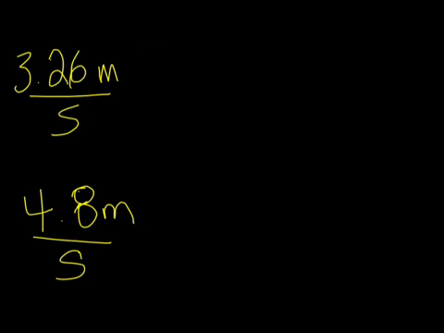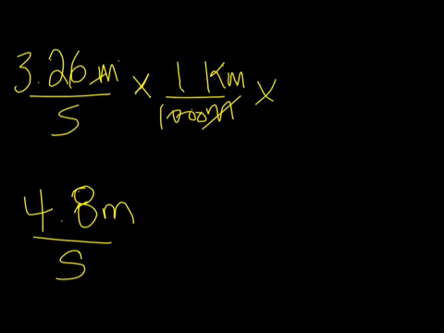The same concept can be applied when we have a complex fraction. Now, in this case, if I want to get rid of the meters, meters go on the bottom, kilometers on top. That's going to cancel out my meters, and 1,000 meters is 1 kilometer.